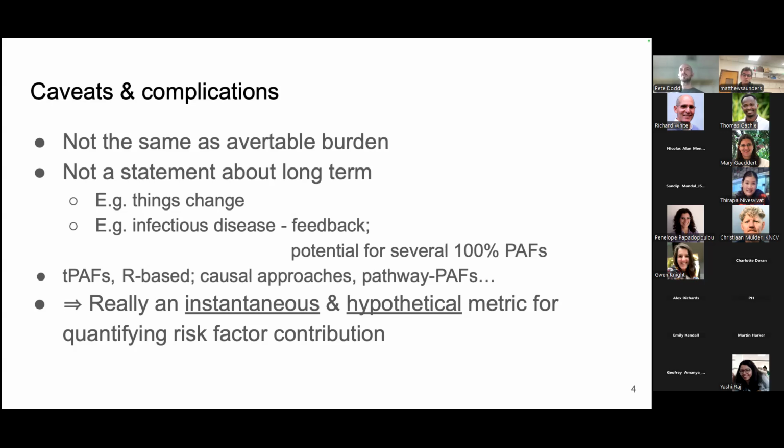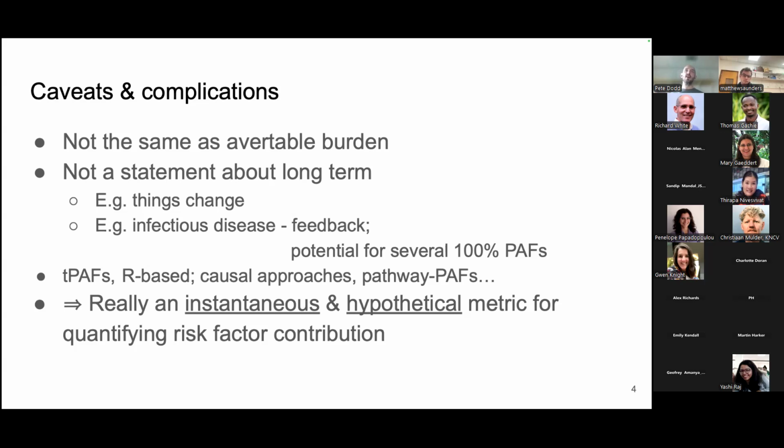And of course, you might end up with a 100% PAF for several risk factors if they could have nudged you the other side of that threshold. So not sure that kind of equilibrium way of thinking is necessarily helpful, and also highlighting that PAFs are potentially limited in their application to infectious diseases.